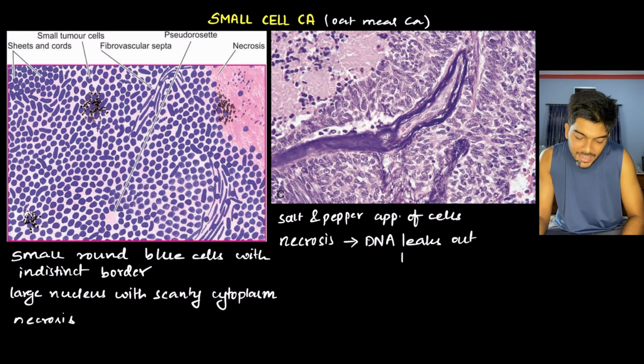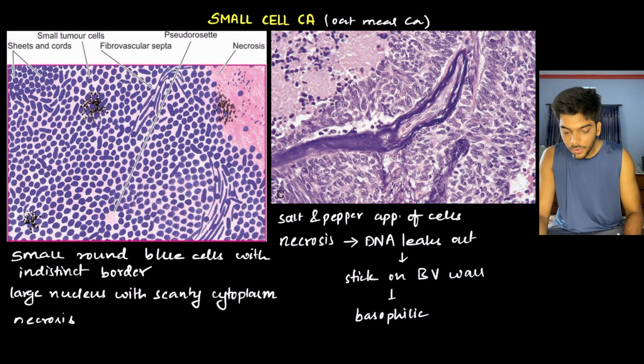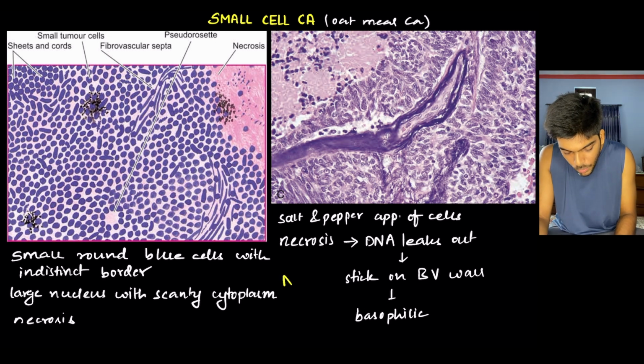And this DNA sticks on the blood vessel wall. As a result, the blood vessel wall appears blue or basophilic. This effect is referred to as the Azzopardi effect, very important, Azzopardi effect.